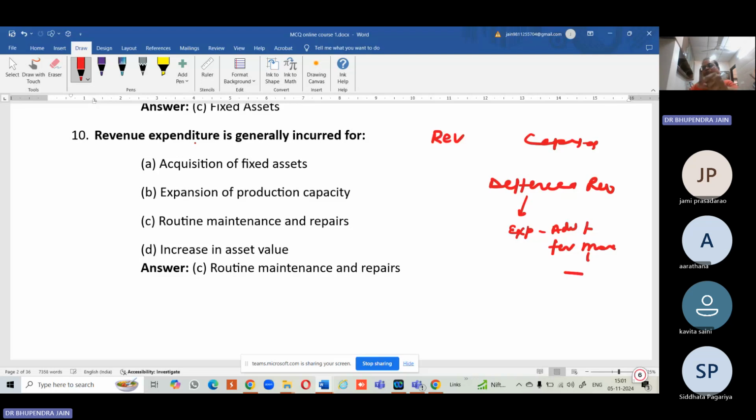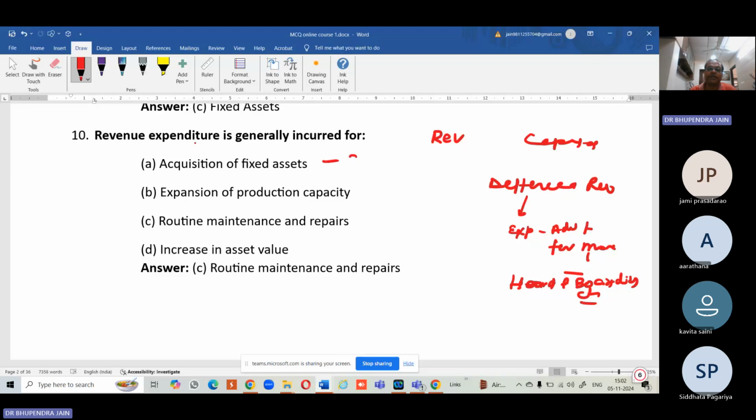So such expenditure can be deferred revenue. The next example is hoarding and boarding charges. We have installed the hoarding outside your business premises or on the top of the business premises. This is not revenue. This is a hoarding. So this is deferred revenue expenditure because the life of the hoarding is more than 1 year. So what will we write?